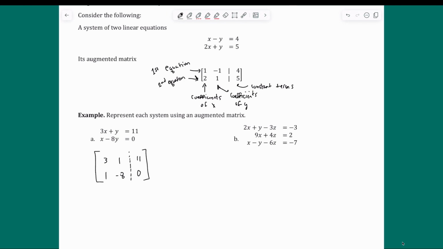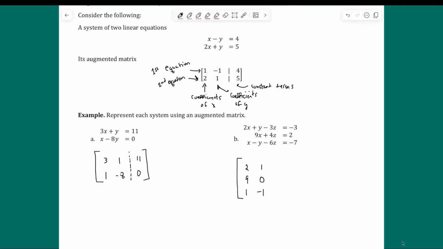The second system, we have actually 3 rows this time. We have coefficients of 2, 9, and 1 for our x's. So the first column corresponds to coefficients 2, 9, and 1. The second column is the y coefficients. The first equation has a y coefficient of 1. The second equation does not have a y, so we interpret that as a 0 coefficient. And then we have a negative 1 as the coefficient for y in the third equation.